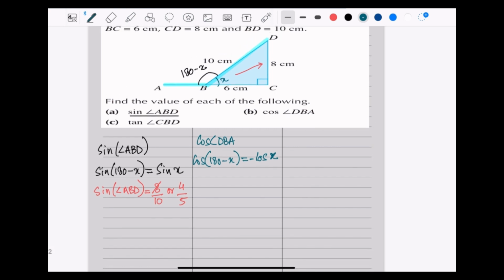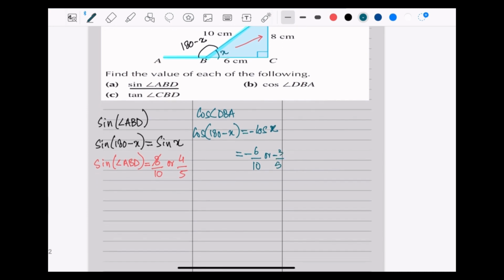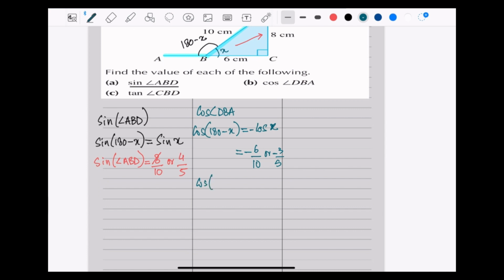Cos is adjacent over hypotenuse, so I can straight away write this as negative 6 over 10 or negative 3 over 5. So cos of angle DBA is negative 3 over 5. You could have written it as ABD as well.